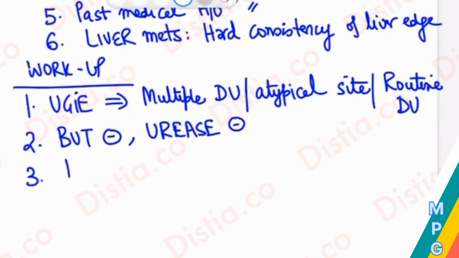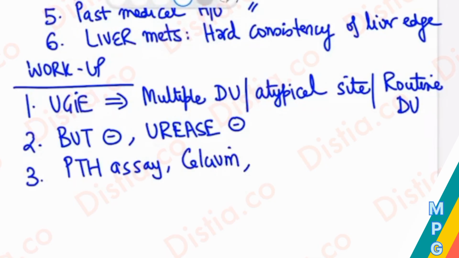The next investigation that I shall be doing in these patients would be PTH assay, because there could be a concomitant parathyroid adenoma causing excess of PTH. Serum calcium will also aid you in the diagnosis. You can also check for the values of pancreatic polypeptide, because lots of pancreatic tumors might actually be producing pancreatic polypeptide, though it may not cause any manifestation, but at least it tells you that there is a tumor present.